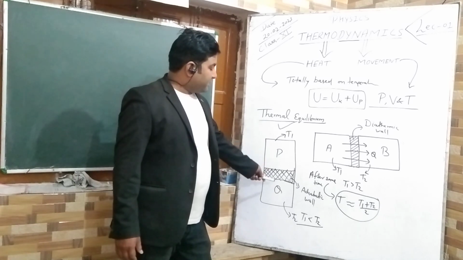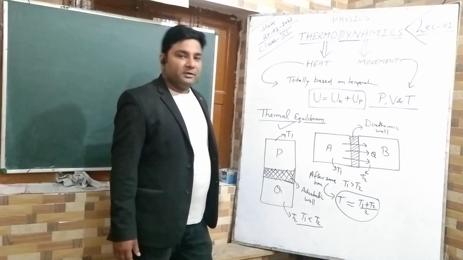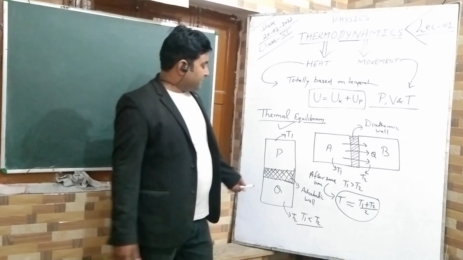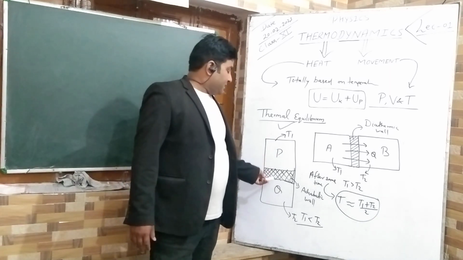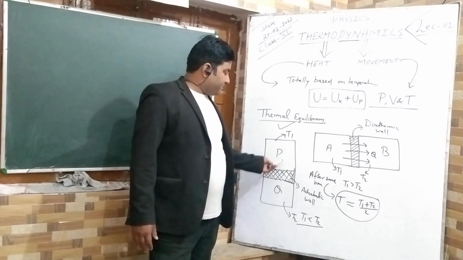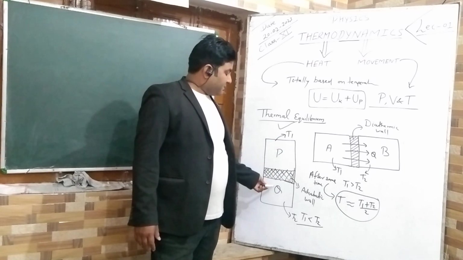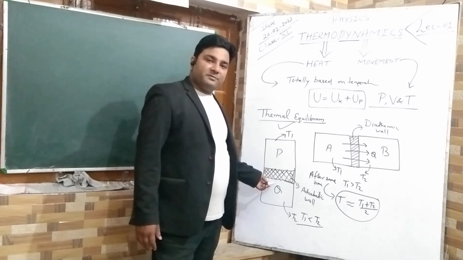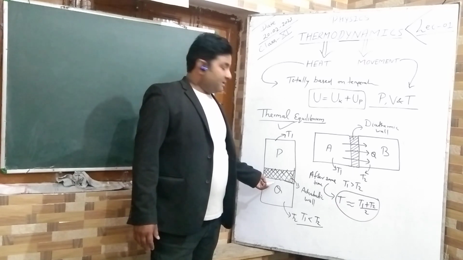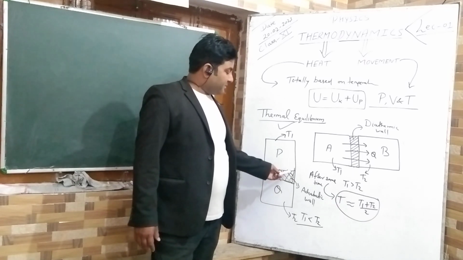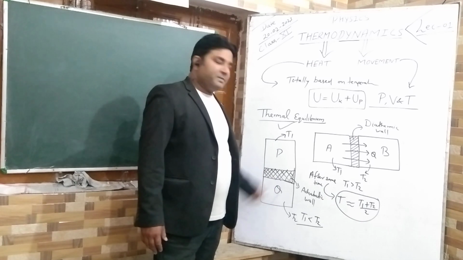This valve does not allow heat transfer from Q to P or P to Q, whether the temperature of Q or P is greater. Whenever the temperature of body Q is greater than P, heat would transfer from Q to P if possible, but there is no chance of heat transferring from Q to P.